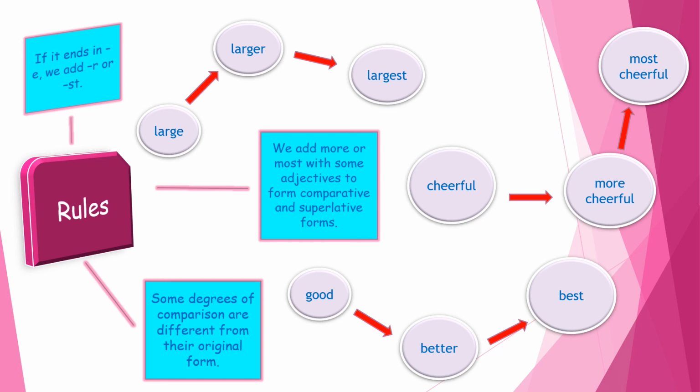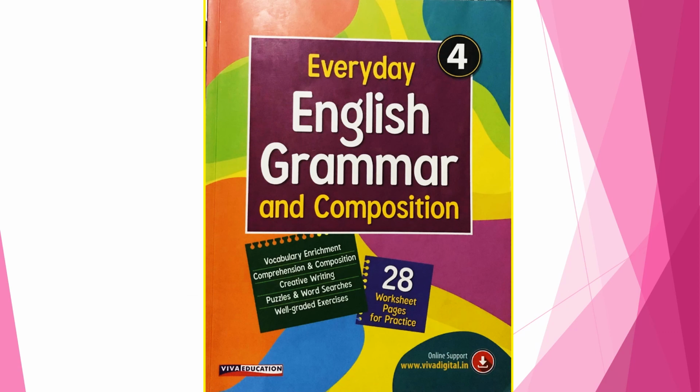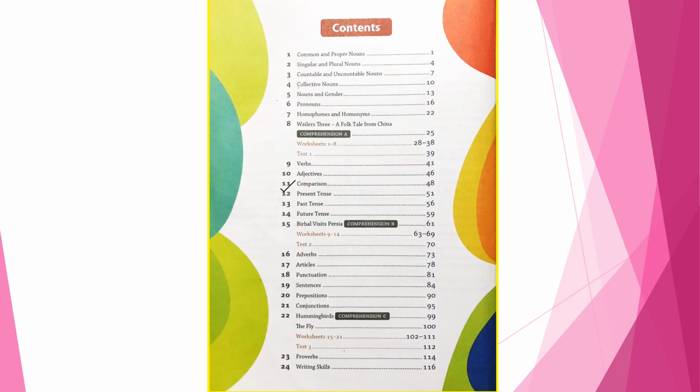So we have learnt about adjectives. We recapped adjectives, nouns and pronouns, and then we moved on to comparison. You can take your Everyday English Grammar and Composition textbook and move on to the contents page.